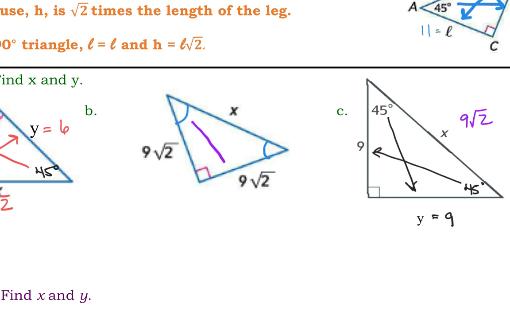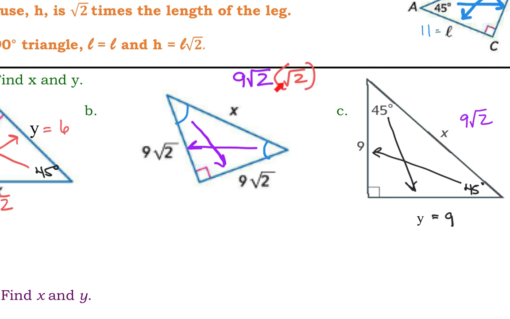So if your leg is 9 square root of 2, you write that down because that's your leg, and you multiply this by square root of 2. So just like this one, 9 square root of 2, 9 square root of 2. You still have to attach that square root of 2.